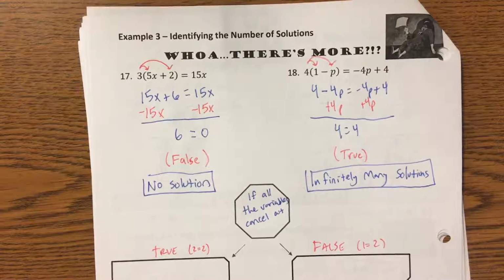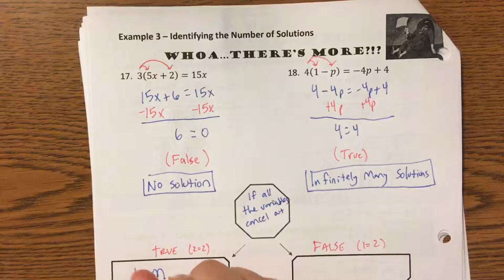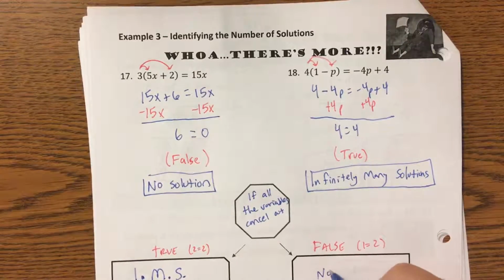If it's true, you say infinitely many solutions, or you might just abbreviate it IMS. We'll know what that means. Infinitely many solutions. Or if it's a false statement, you say no solution.